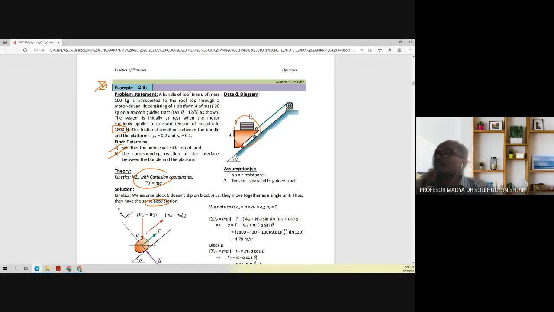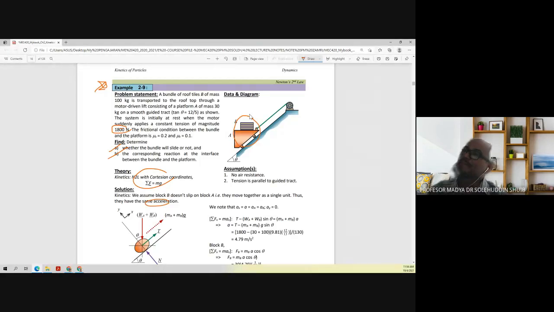So the acceleration of A equals the acceleration of B, equal to a. From the diagram, we choose a datum.